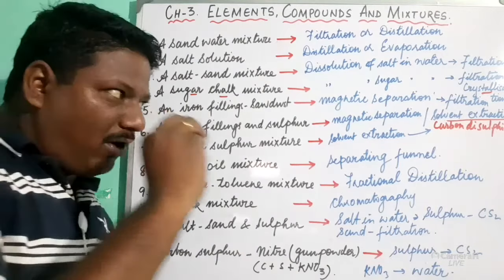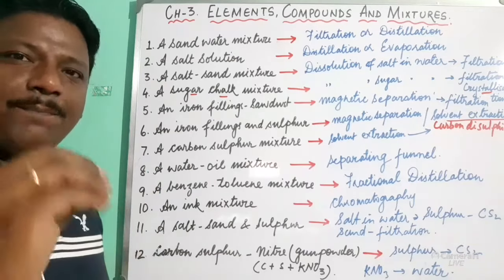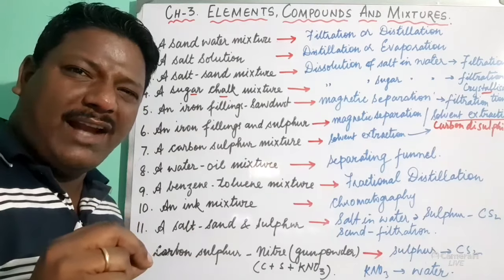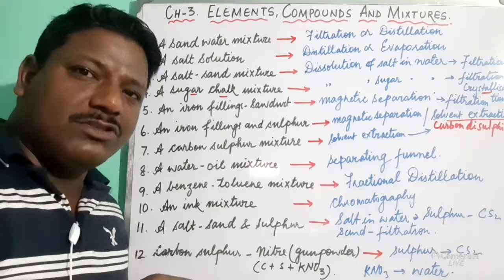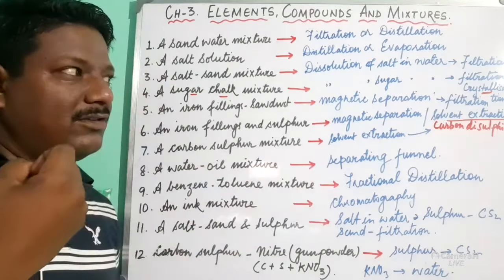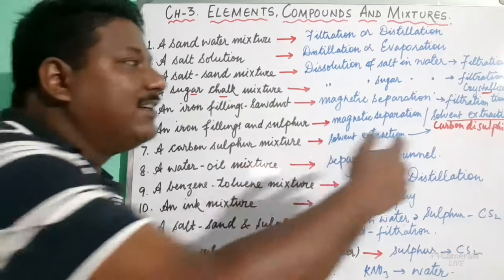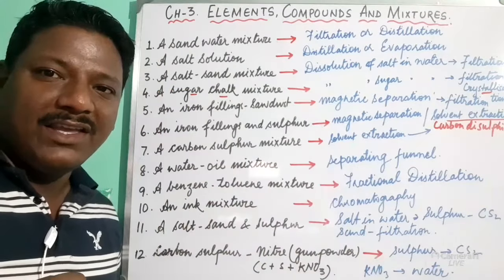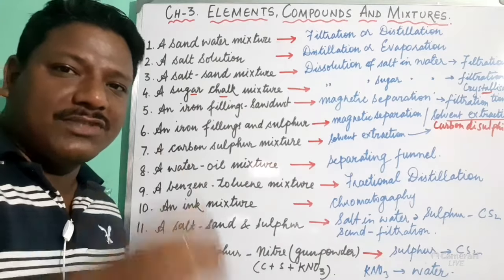See, some substances can dissolve in a particular solvent. So that process where we use a solvent to dissolve a particular substance is solvent extraction. Like here for sulfur, we use carbon disulfide. Very good. We use carbon disulfide to dissolve sulfur.